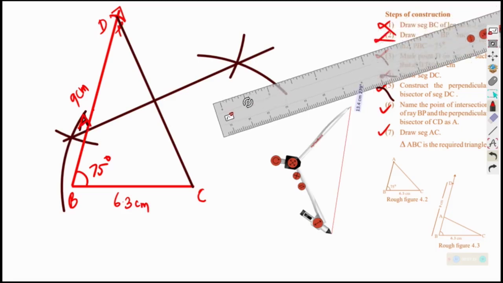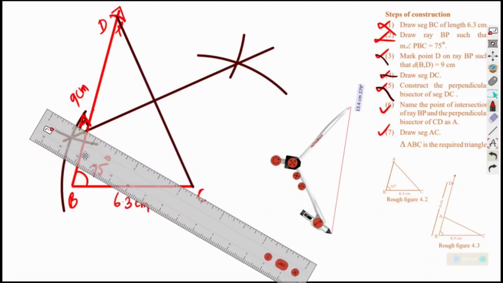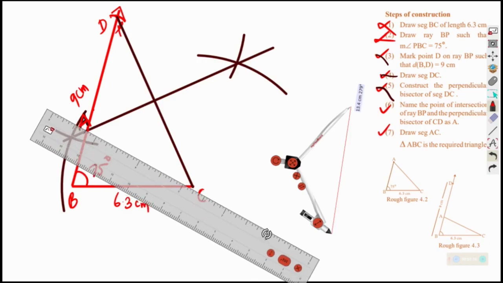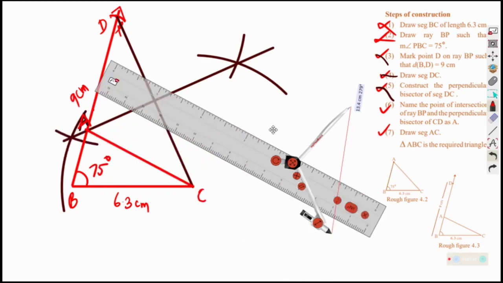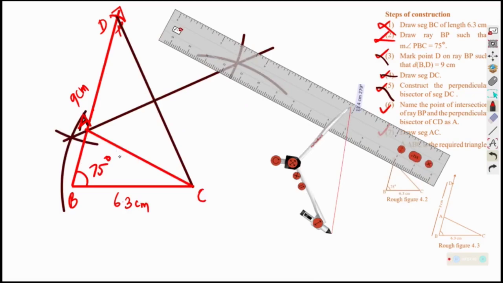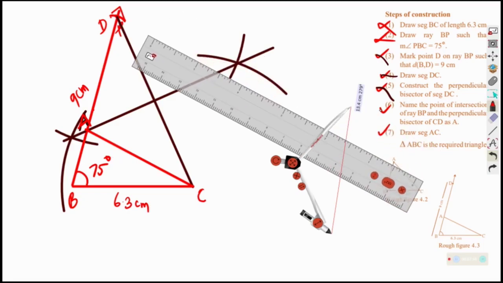So let me draw that AC also. We are applying the principle that in the case of a perpendicular bisector, any point on that perpendicular bisector is equidistant from the endpoints of the segment. That principle is applied here.